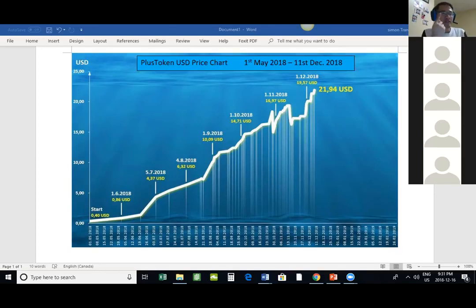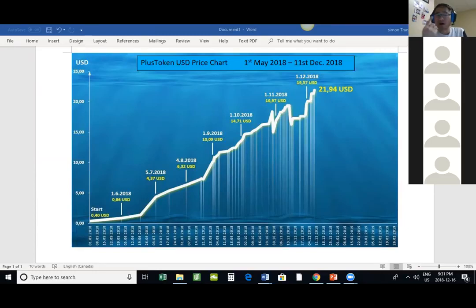The number one reason why you want it on the public market is that you want to easily liquidate your money, right? When it's on the public market, you can sell it to turn it into cash. That's the number one reason.